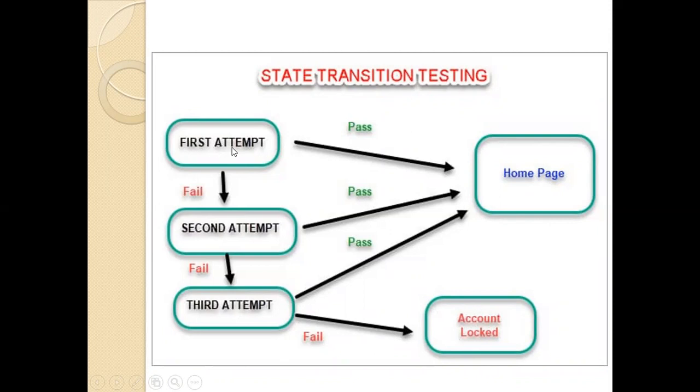But if it passes in the first attempt, you will be diverted to the home page. Second also home page. Third attempt, if it passes, then home page. Otherwise, your account will be locked. This way, the state transition diagram for testing of the password field will be checked.